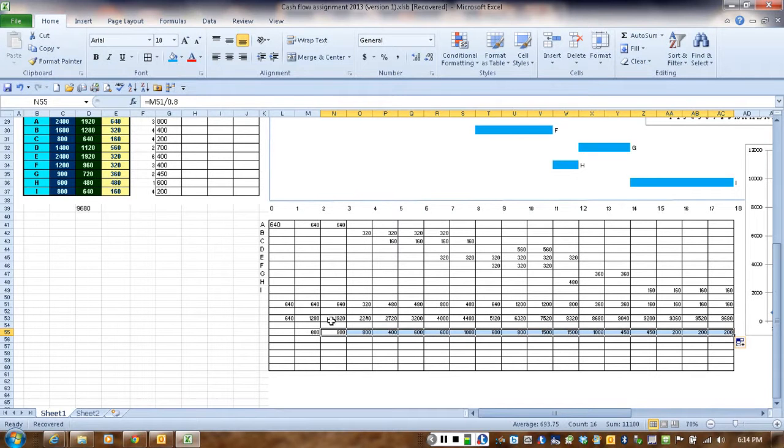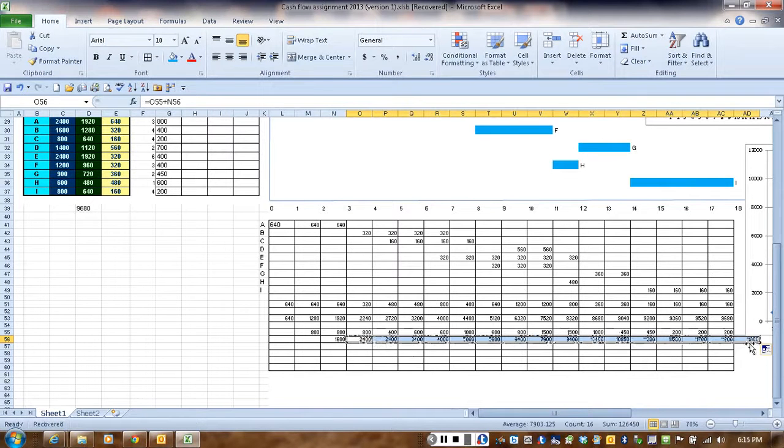So now if I want to have the cumulative billing, I'm just going to do this. This is equal to this plus this, and then this is going to be equal to this plus this, and I'm going to copy that across.